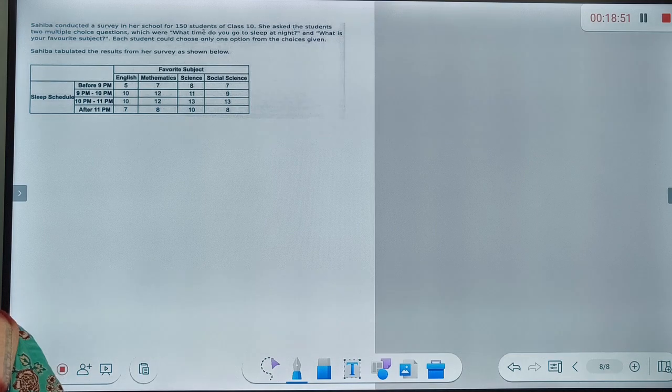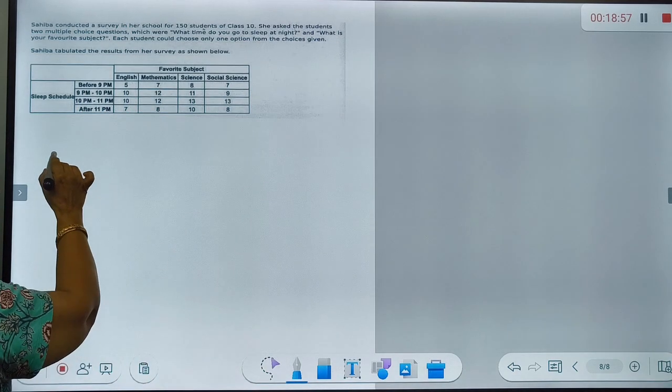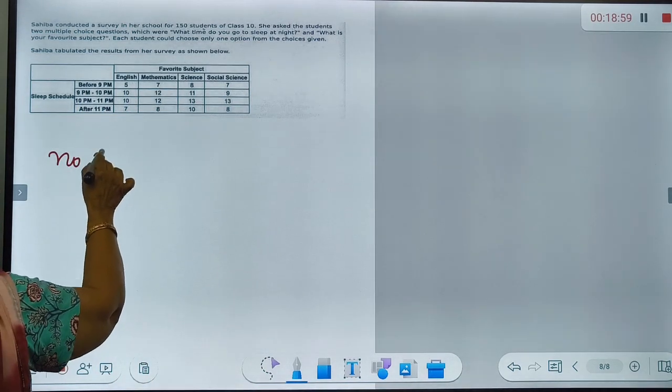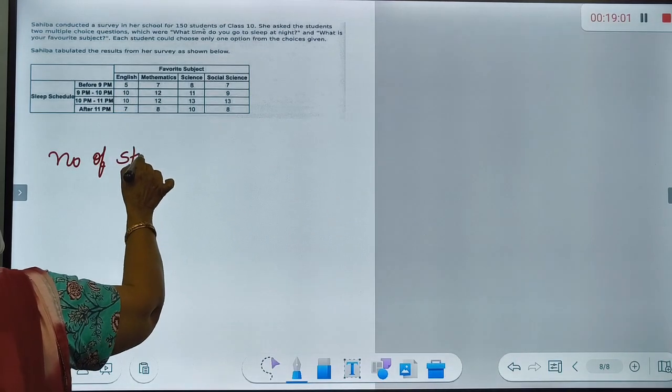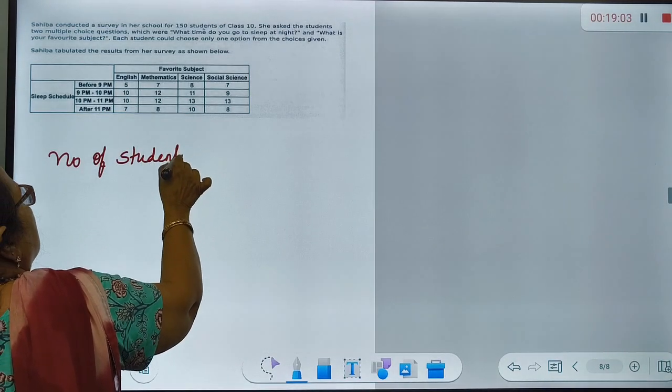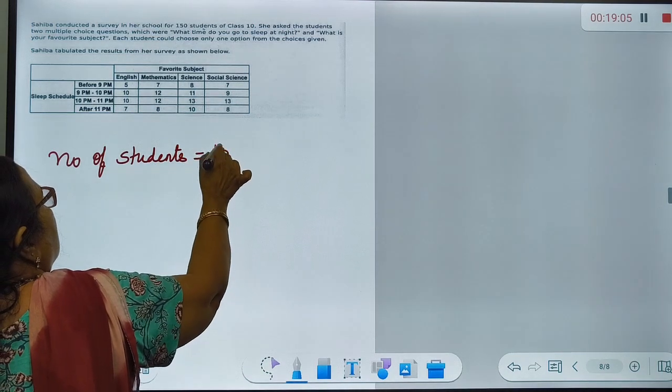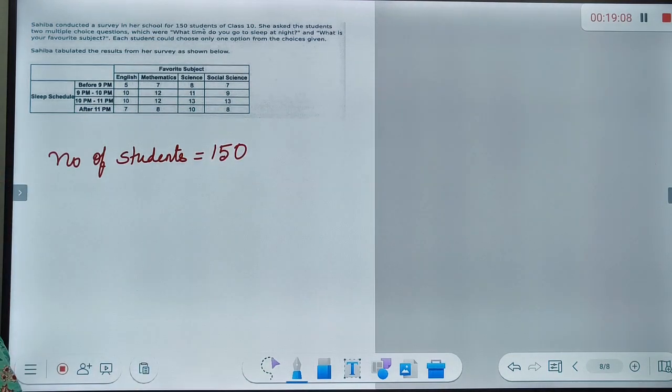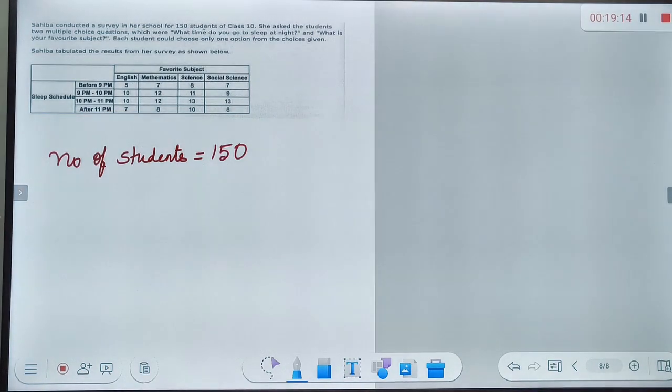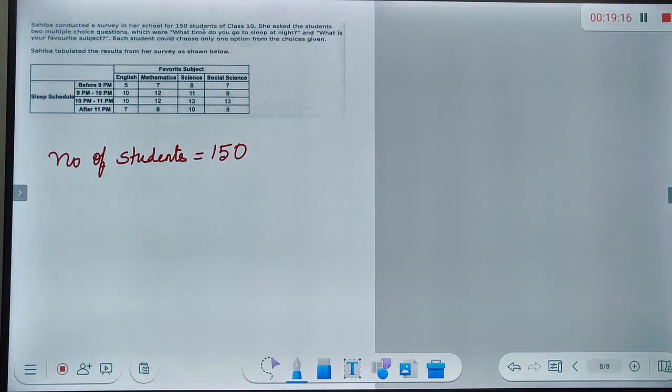Now this is a problem in probability. Sahiba conducted a survey in a school for 150 students of class 10. So number of students of class 10 is 150. She asked the students two multiple choice questions, which were, what time do you go to sleep at night and what is your favorite subject?